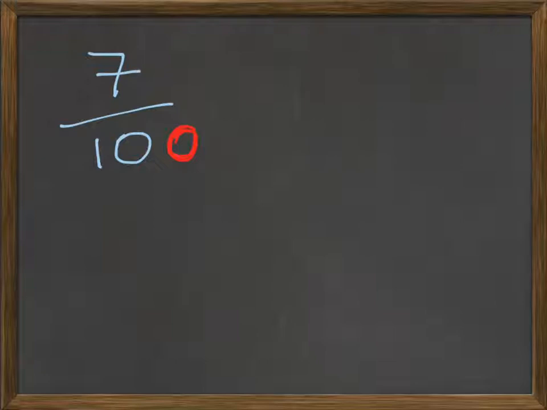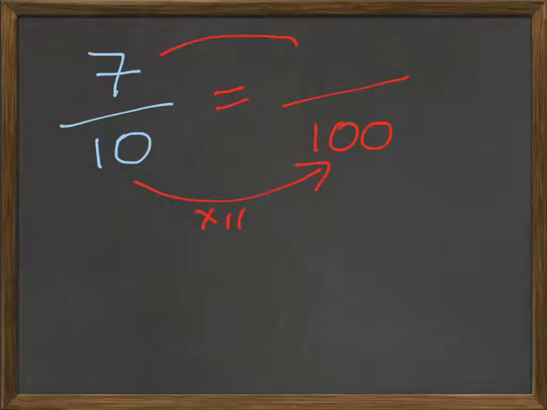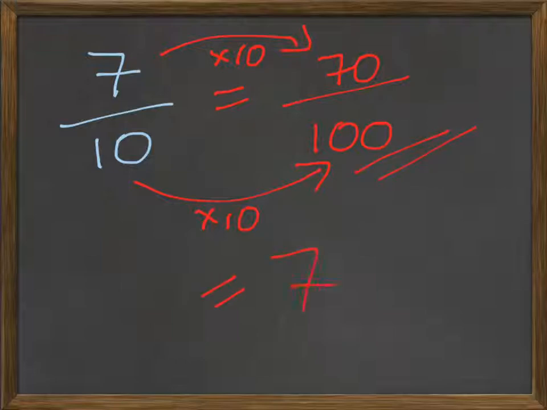So what have I done to the bottom? To turn 10 into hundredths, I've multiplied it by 10. So if I do the same to the top, if I multiply that by 10 as well, I've got 70. So I've got 70/100ths.